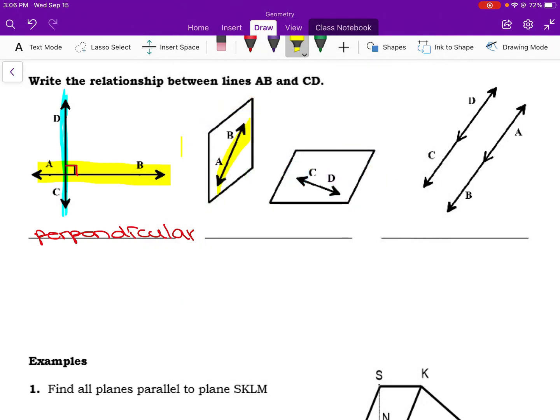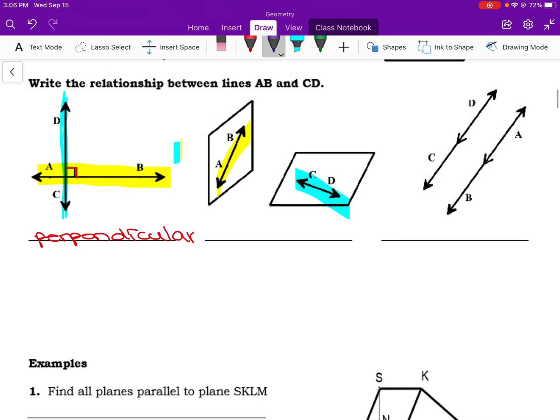My next scenario, if I'm comparing line AB with line CD here, notice that these are lines in different planes. And so if they're not parallel, and they're in different planes, that means they'll never cross, they'll never intersect. So these are skew lines.